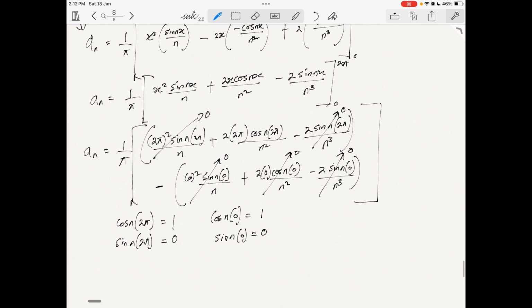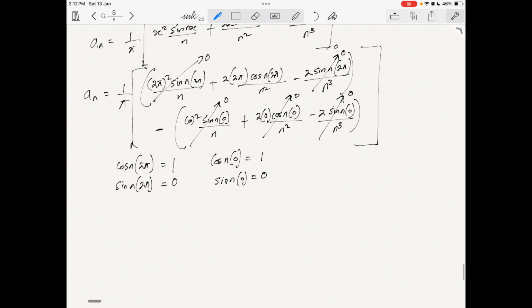So thereafter, we are left with 2 into 2 pi cos n 2 pi over n squared. So an is equal to 1 over pi into 2 into 2 pi of cos n 2 pi over n squared.